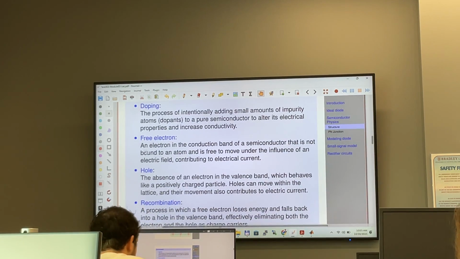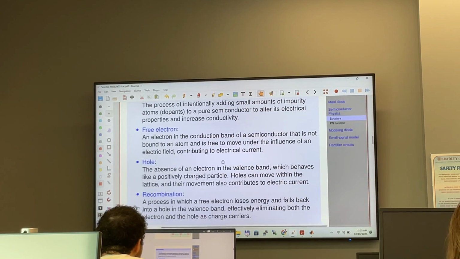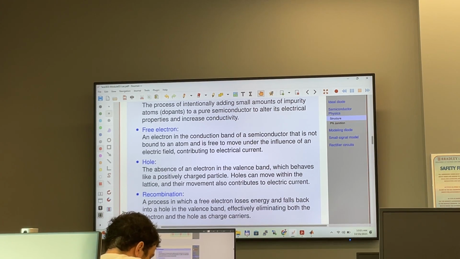Once you have doping, an electron in the conduction band is freed, and it moves under the influence of an electric field, contributing to electric current.